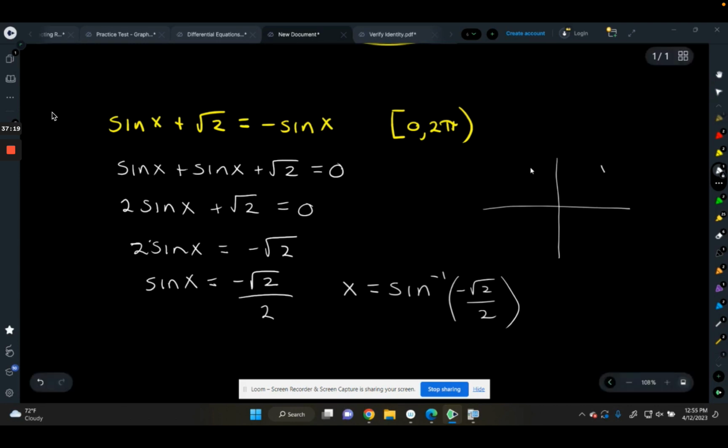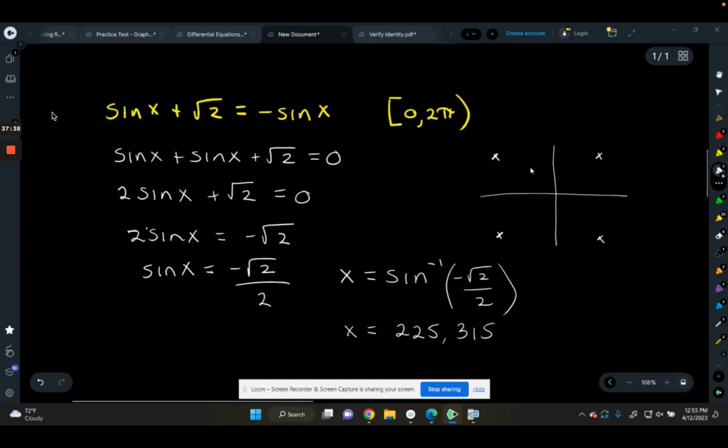Okay, so 45 is not going to work. Well, 135, will that work? No, because that's going to be positive. Down here at 225 or 315. Now we have to convert those to radians.